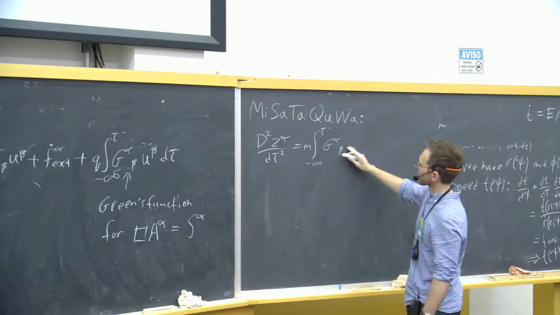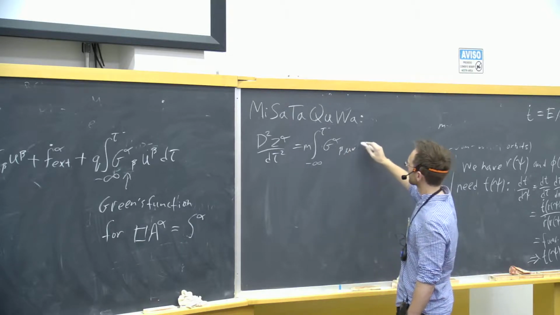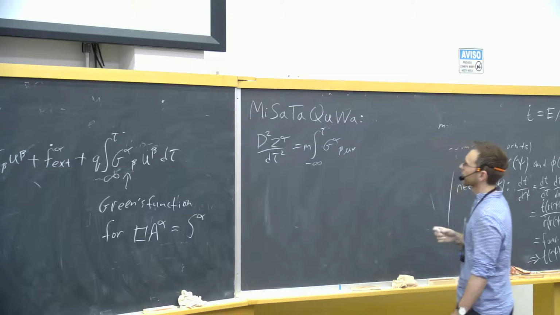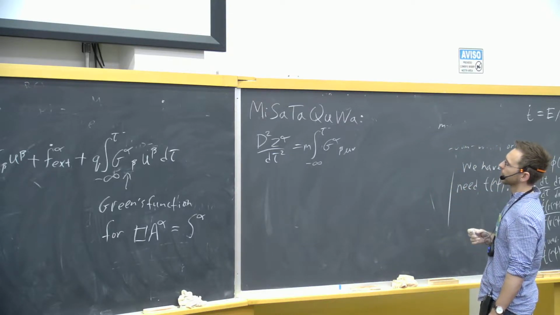How do the indices work on this? Too many indices.